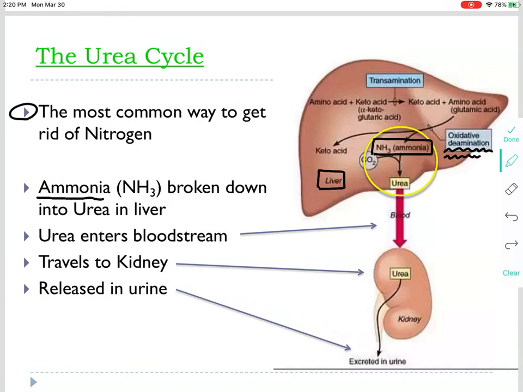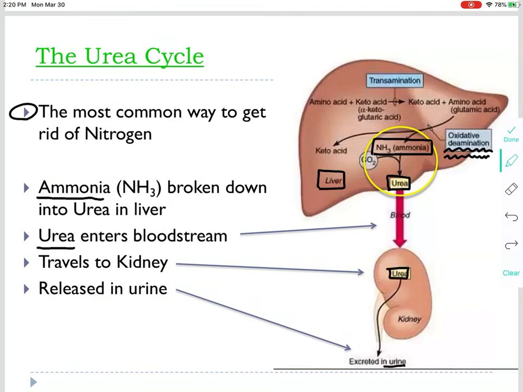We formed ammonia. Let me say that again. When we deaminated, and you may recall, deamination is removing nitrogen from the amino acid, now we've removed nitrogen, but it just so happens that the way our body transports nitrogen is it forms ammonia. And it is only after we form ammonia that we're able to convert the ammonia into urea.